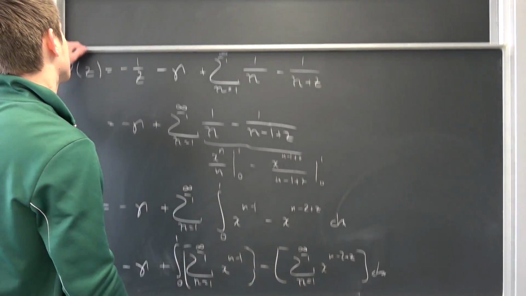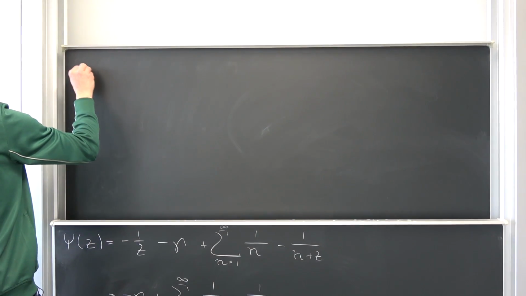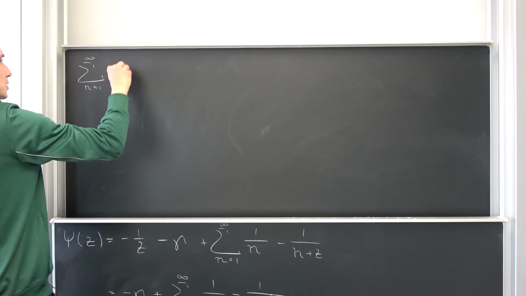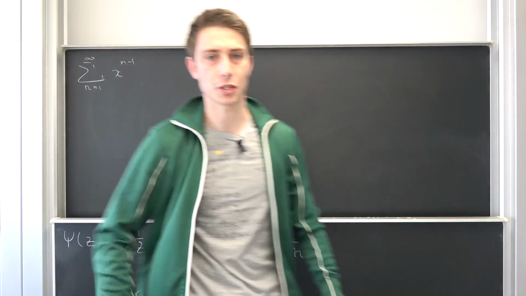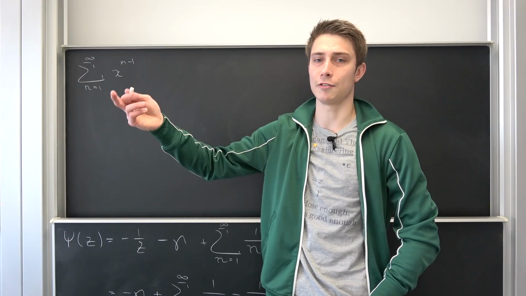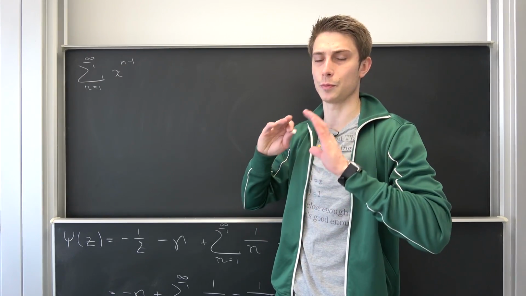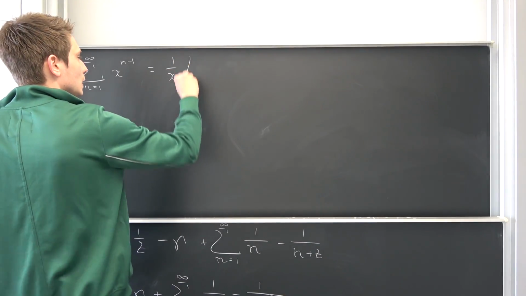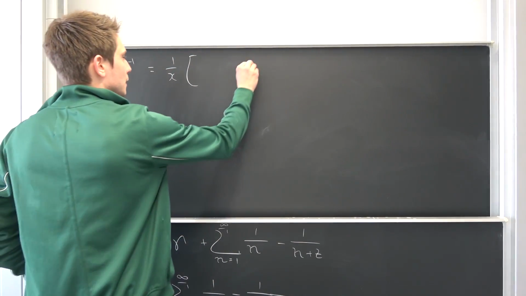So taking a look at this infinity boy, from n equals 1 to infinity of x to the n minus 1th power. I want you guys to notice that this is nothing but x to the nth power times 1 over x. So let's bring the 1 over x to the outside. Okay, that's something we can do. And I'm going to put big parentheses here.